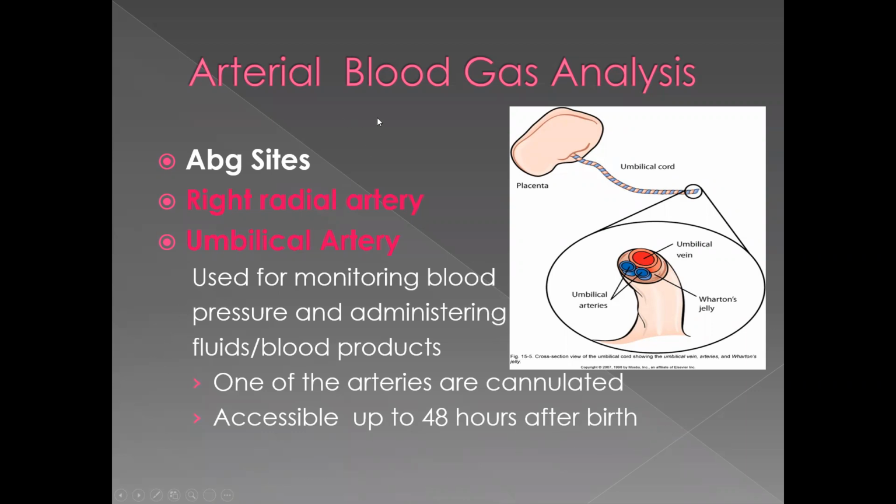If you're going to draw arterial blood, one place you can draw it is from the right radial artery. Matter of fact, when they're looking for preductal, postductal PaO2s, they're going to ask you to draw a blood gas from the right radial artery. And those arteries are so tiny. Do you know what size gauge needle to use?